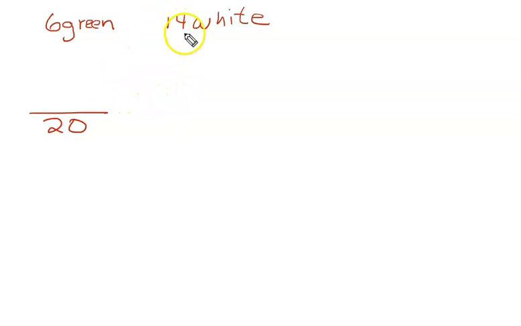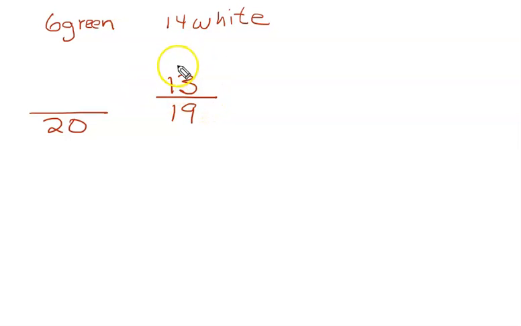If you've already selected a white, how many whites are left? Well, 13. And then since you're not replacing, how many marbles in the basket? 19. And there's the answer to this example.